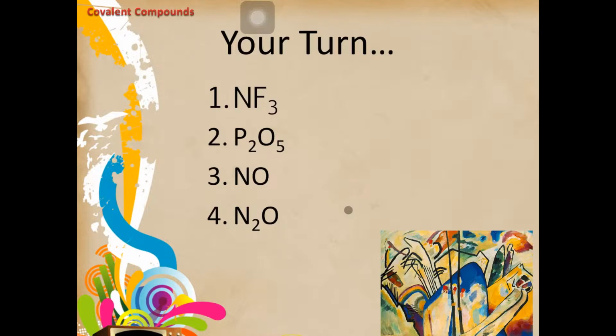Alrighty, so let's see how you went. So what have we got? We've got nitrogen fluoride. We've got diphosphorus pentaoxide.